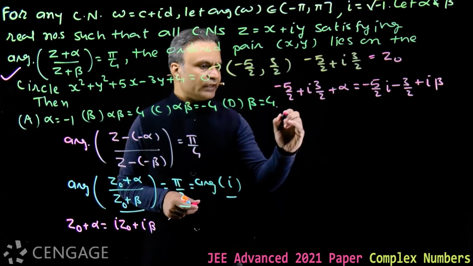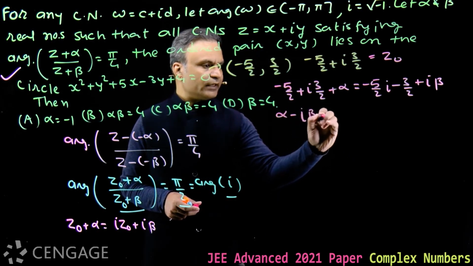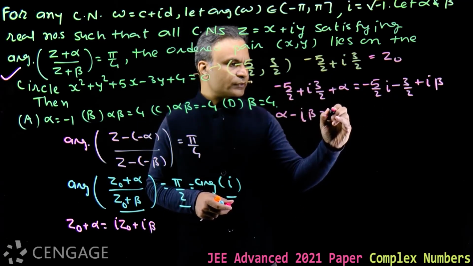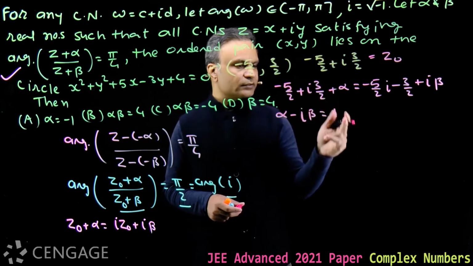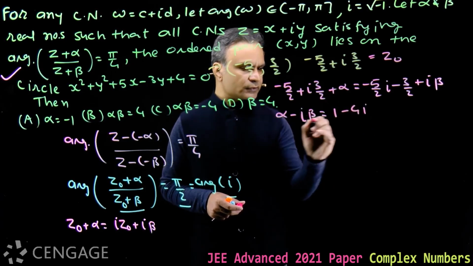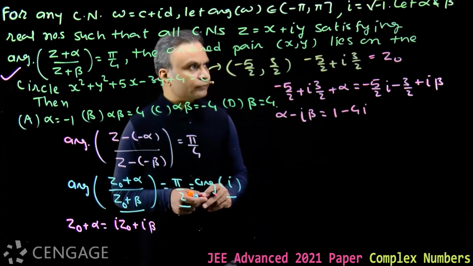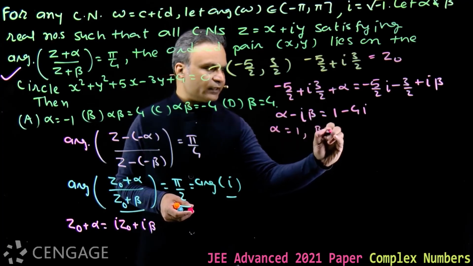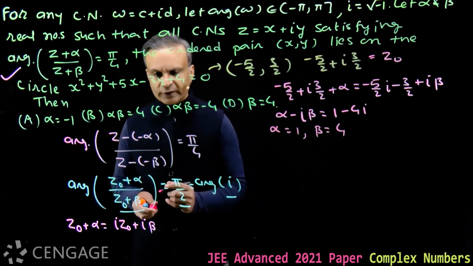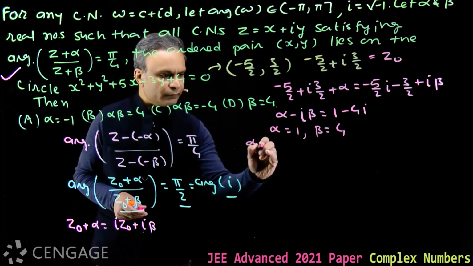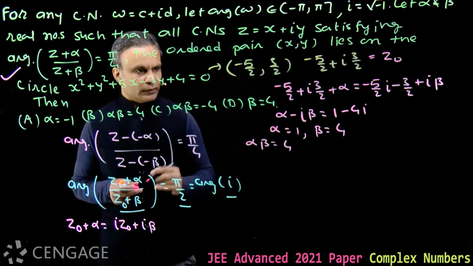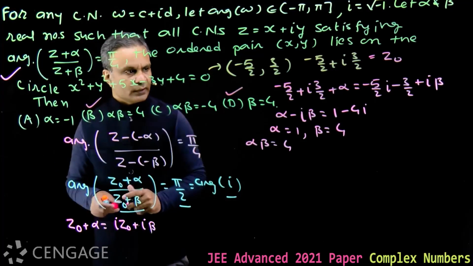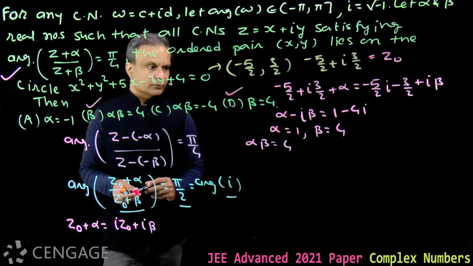So we get alpha minus iota beta is equal to minus 3 by 2 plus 5 by 2, which is 1, and minus 5 by 2 minus 3 by 2, which is minus 4. So this is 1 minus 4 iota. Alpha and beta are real numbers, so alpha is equal to 1 and beta is equal to 4. So from this we get alpha beta is equal to 4. So option D and option B are correct. These two options are not correct. Beta is 4 and alpha beta is 4.